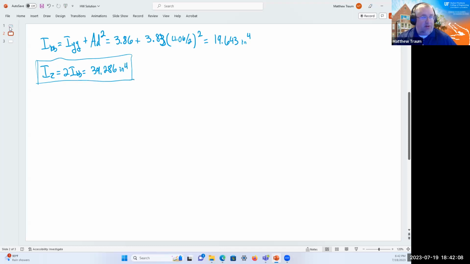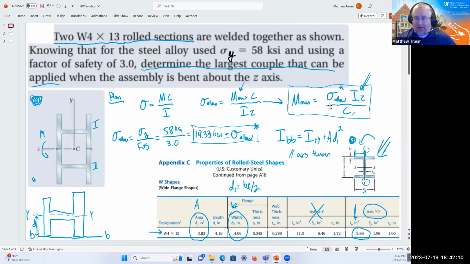If we go back to the previous slide, remember we found this allowable stress. We've now found IZ, and the final thing that we're looking for is C. And so what's C? Well, C is the distance from where I'm actually doing the bending, which in this case is my plane BB, all the way up to one of the extreme edges. It doesn't really matter which one.